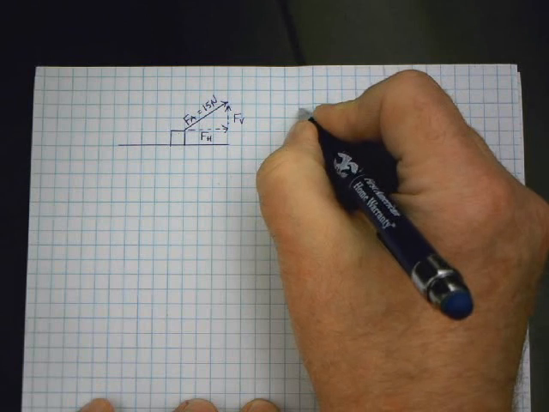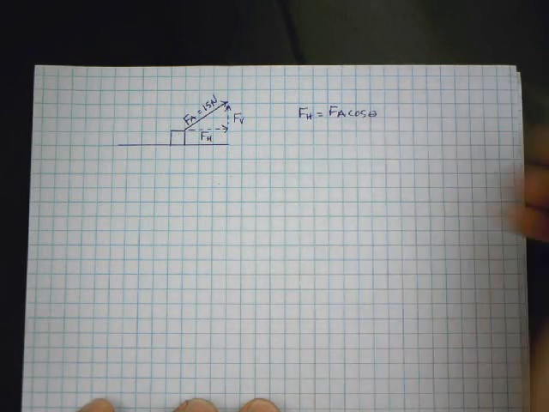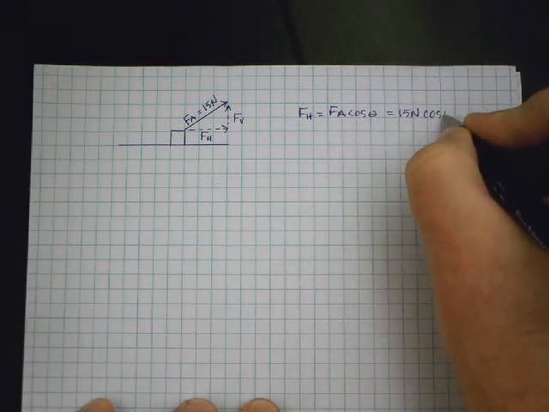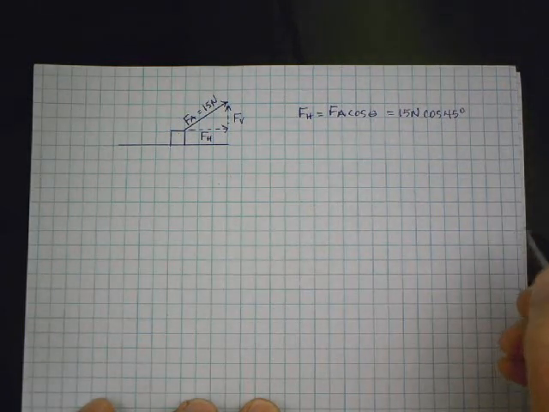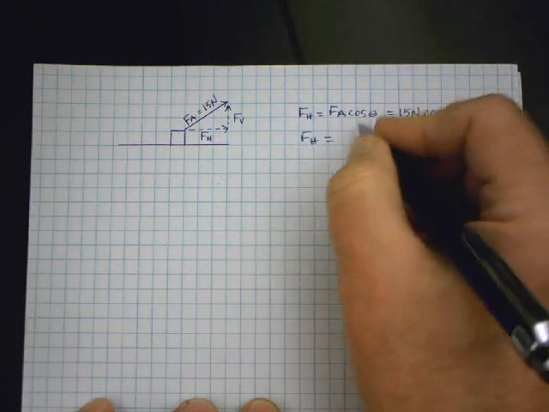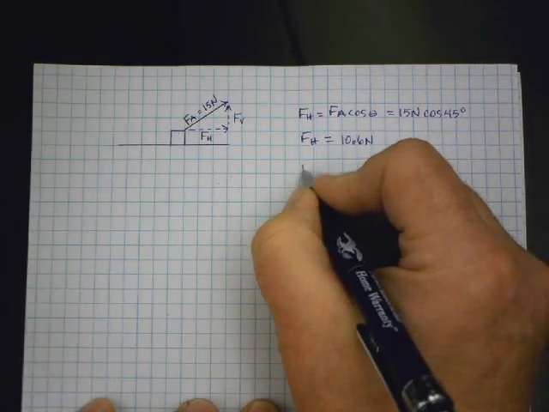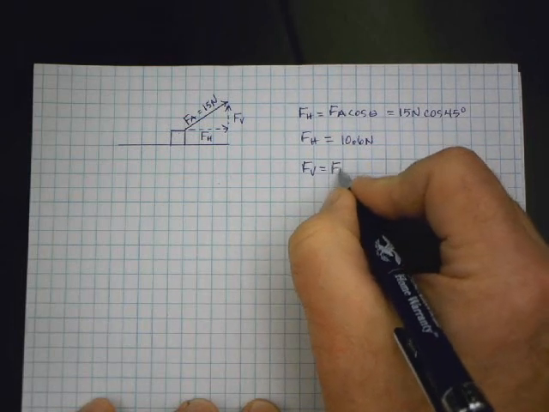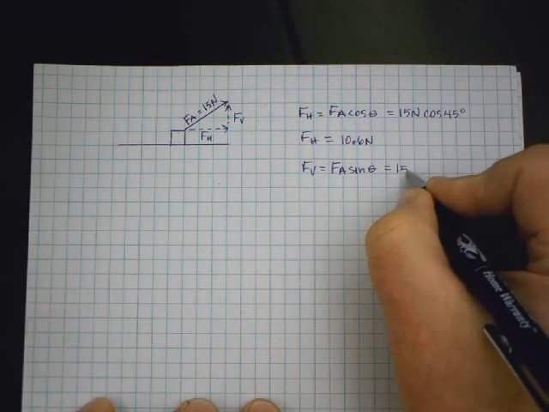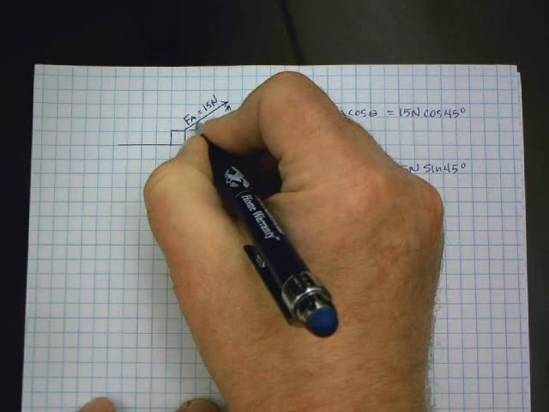So for the horizontal, and our horizontal component will be... and now for our vertical... and this should have been added to the diagram as well.